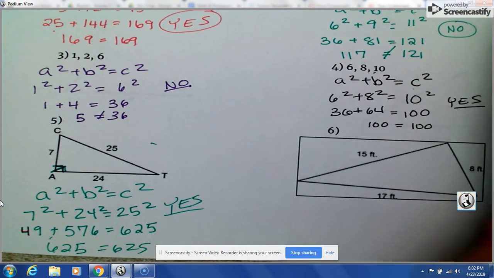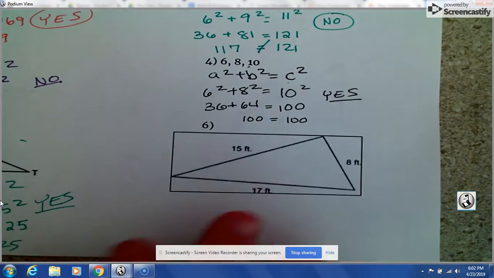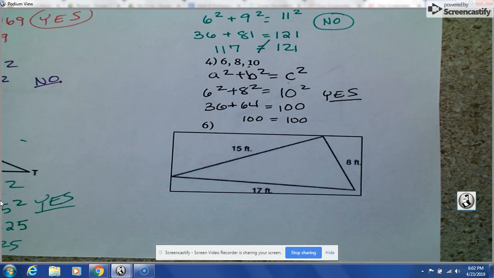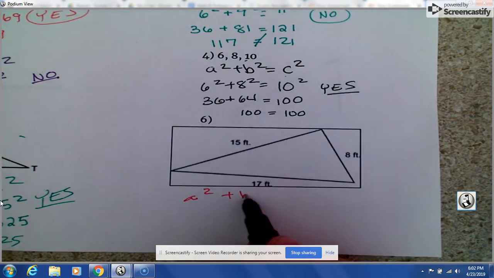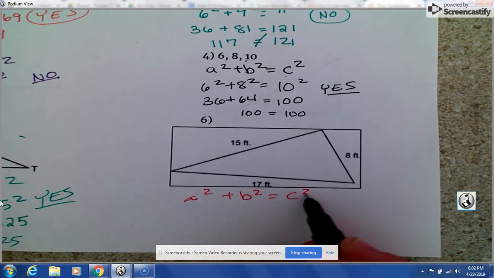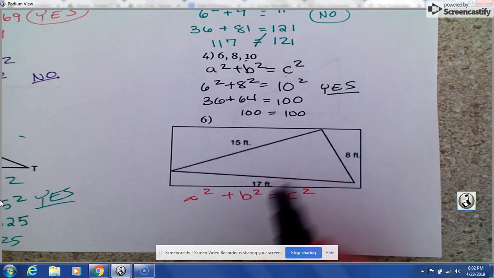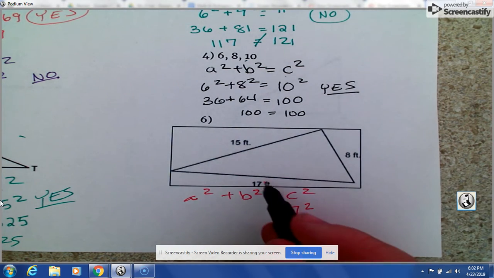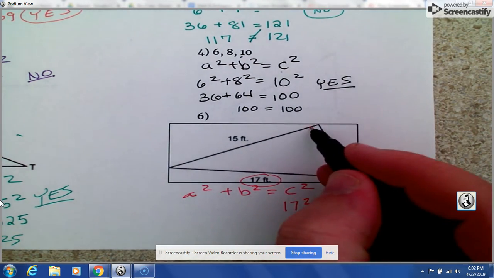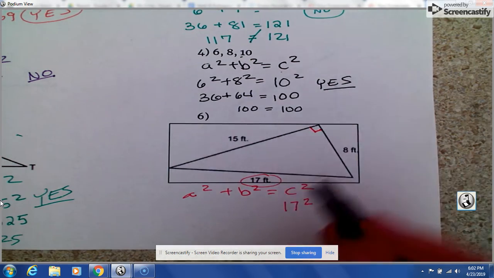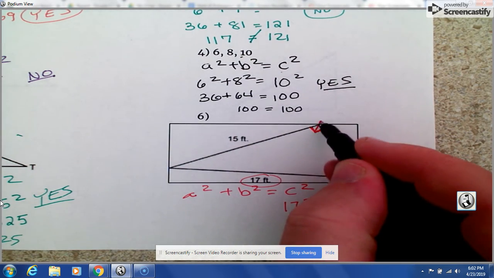Okay. On number 6, write a formula down. A squared plus b squared equals c squared. C is going to be the longest side, so that's 17. In this case, this looks like the slant, but the little corner would be right there. And they would probably give that to you on an SOL.